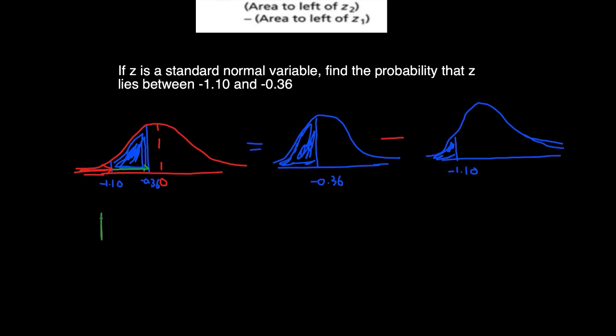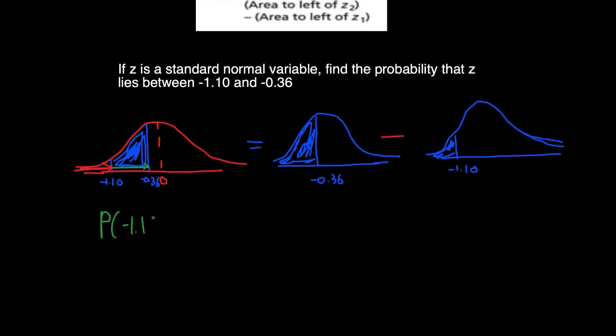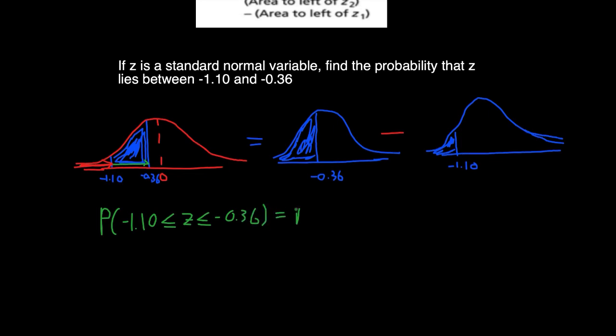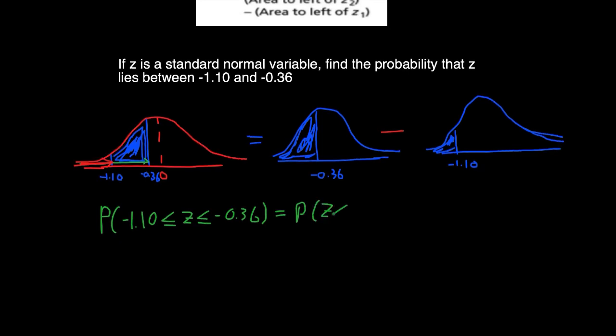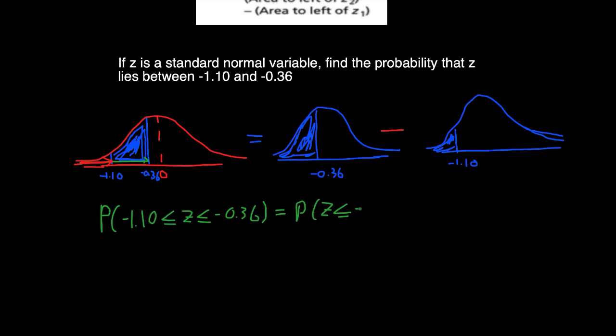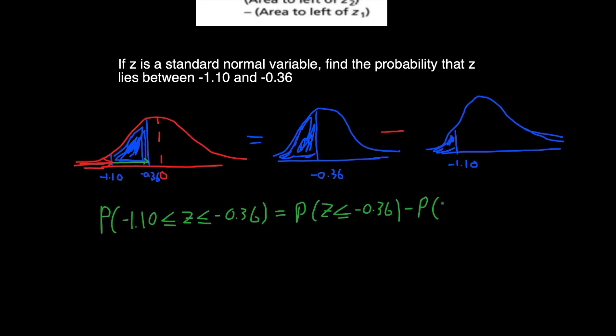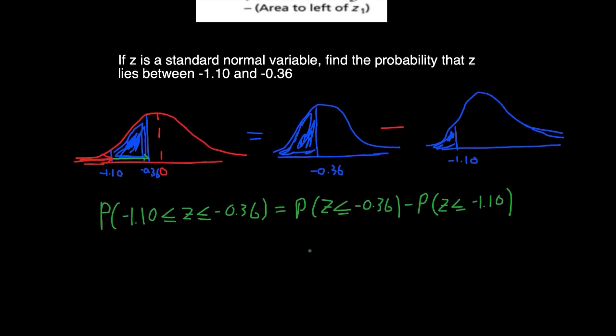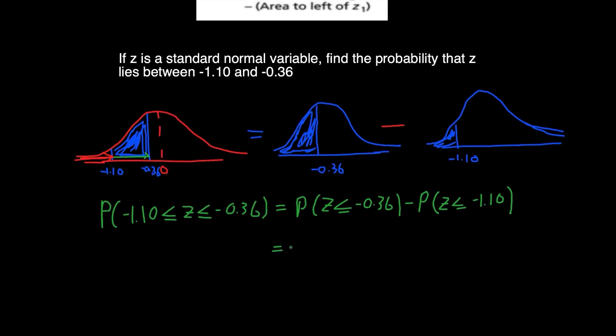Now I can write down probability negative 1.10 less than or equal z less than or equal negative 0.36 equals probability z less than or equal negative 0.36 minus probability z less than or equal negative 1.10. To find these two probabilities, we can use the z table.